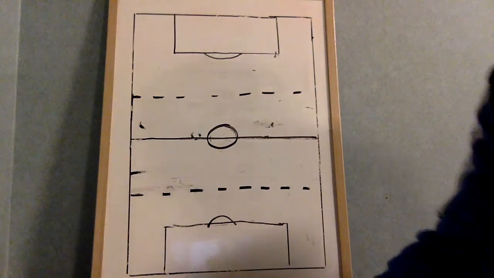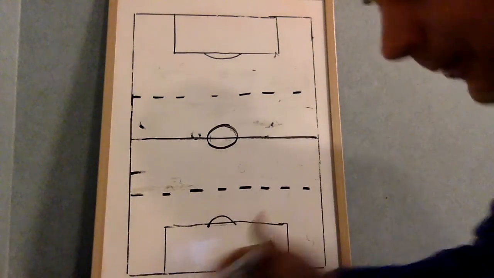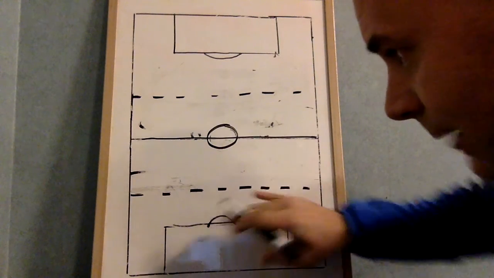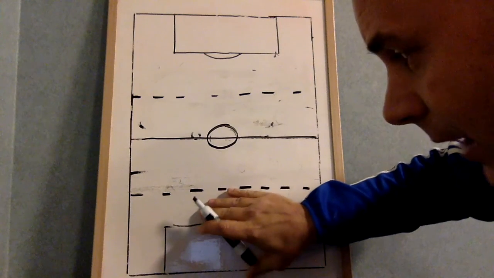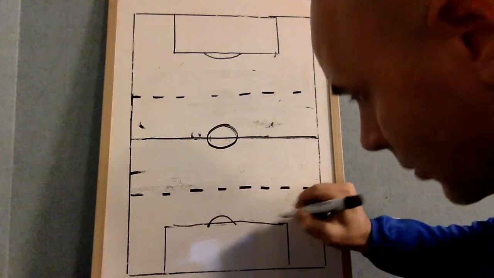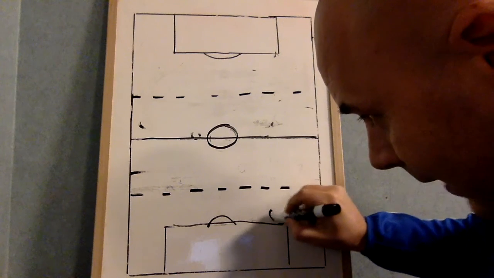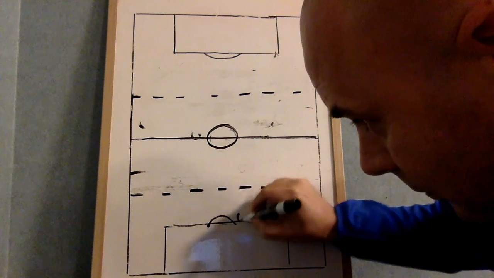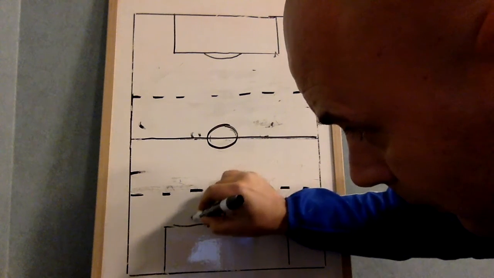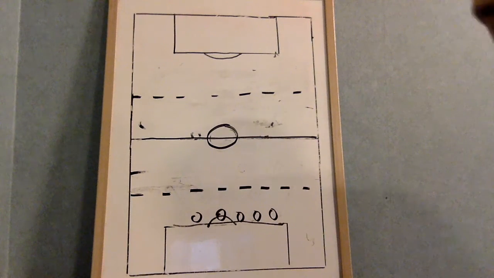So I'm going to use the 3-5-2 formation as an example. So we're going to say we're sitting in a low block in our defensive third of the field. The 3-5-2, the way I like to play it, is actually going to have 1, 2, 3, 4, 5 players in the back line.